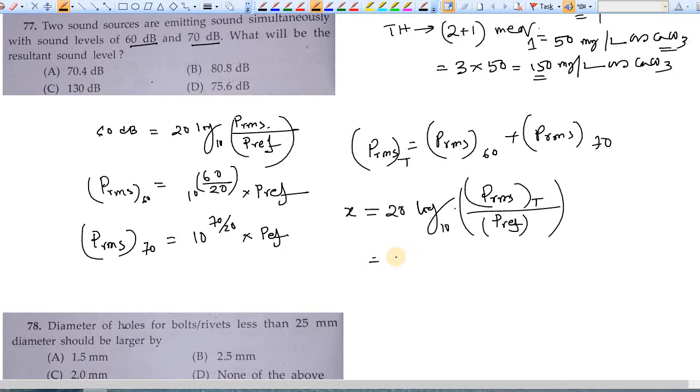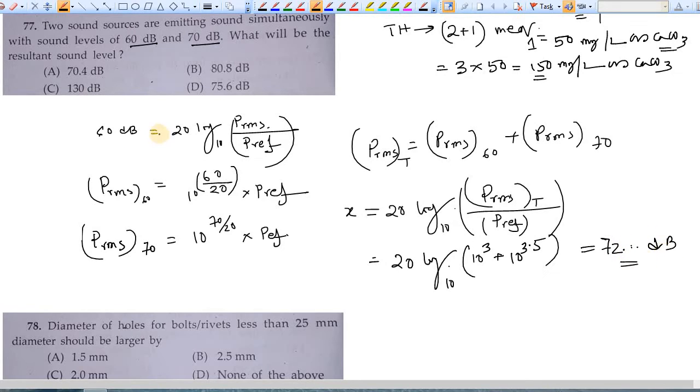So this is 20 times log of 10 to the power 60 by 20, that is 10 to the power 3, plus 10 to the power 3.5. P reference is cancelled, and if you calculate this it will become something like 72 point something decibel.